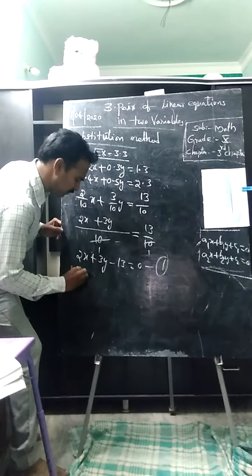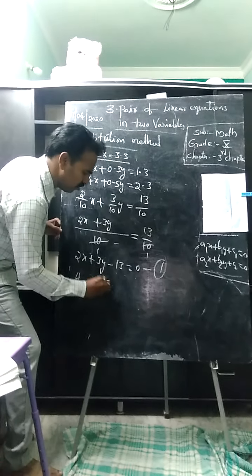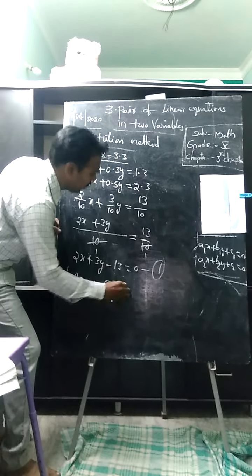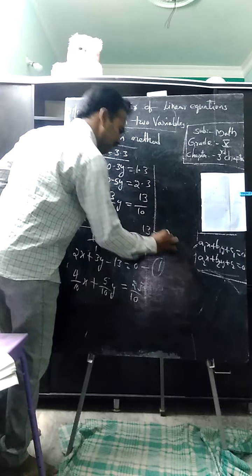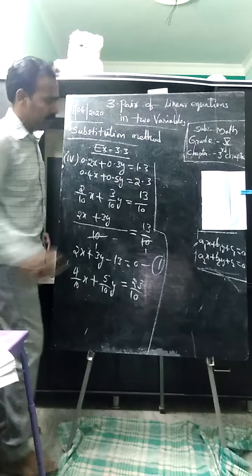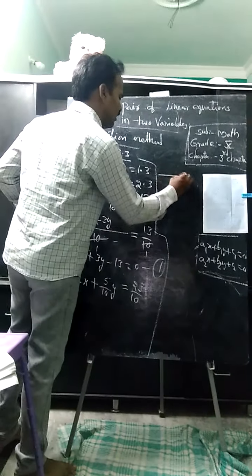Again, similarly apply for this also. Directly we can write 4 by 10x plus, if you remove the decimal point, you learned in very early classes. No need to do it stepwise again. You are already studying in 10th grade, so you learned everything well. So again, 10 is the LCM.